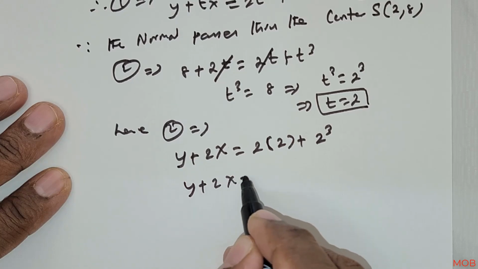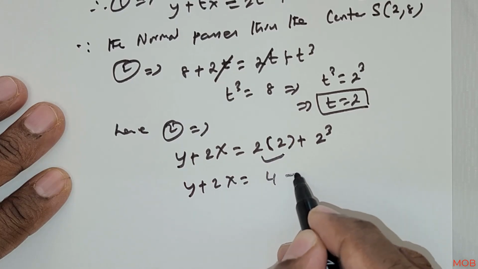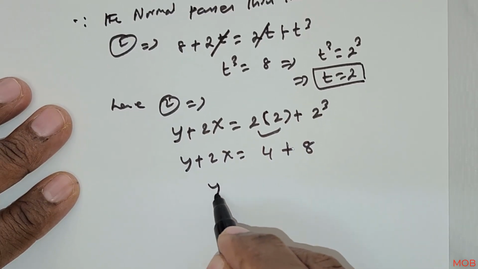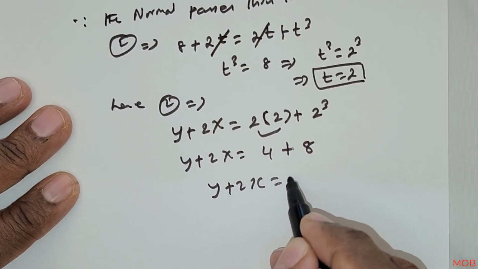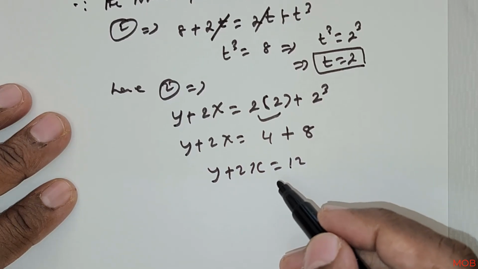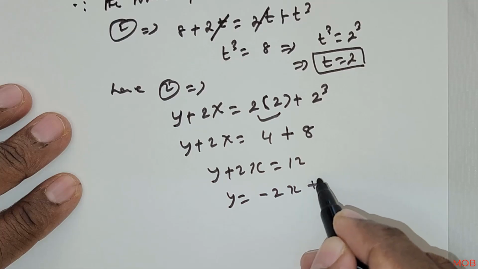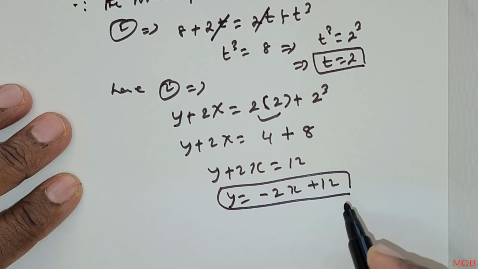So y + 2x = 4 + 8, which means y + 2x = 12, which means y = −2x + 12.